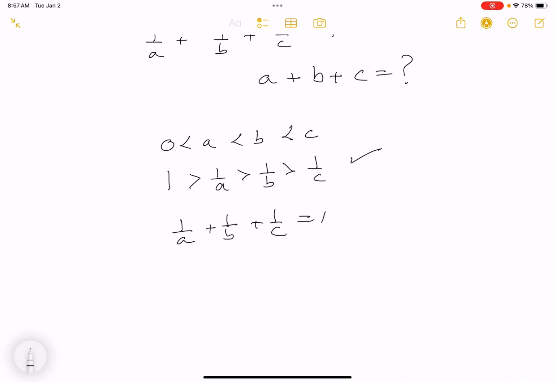One thing I want to point out, just looking at it, is that 1 over B plus 1 over C must be considered here. Let me tell you what I'm looking at: A has got to be less than 3.